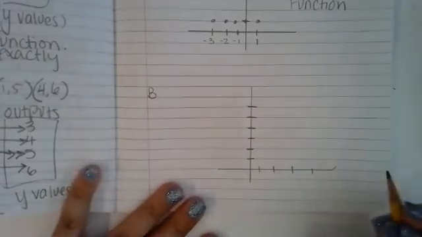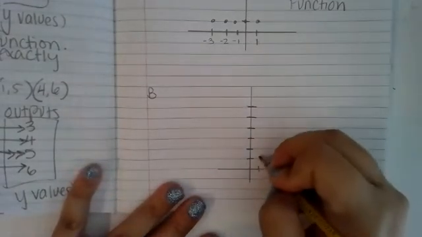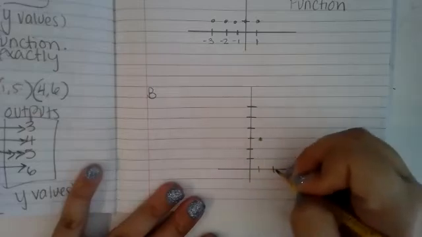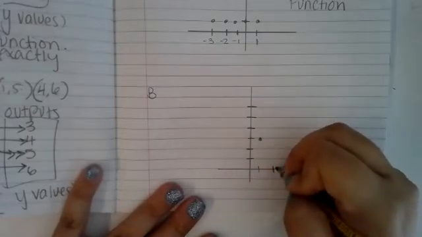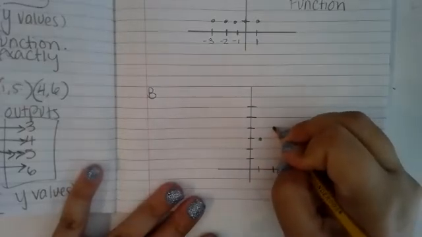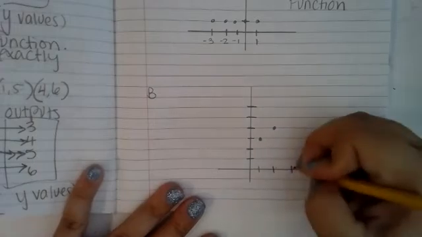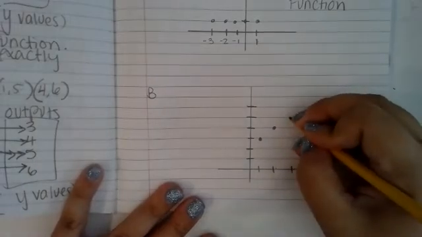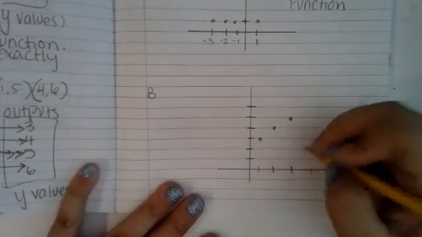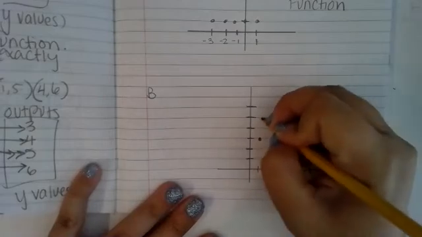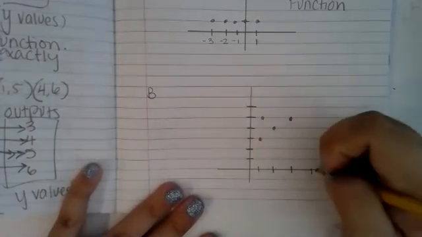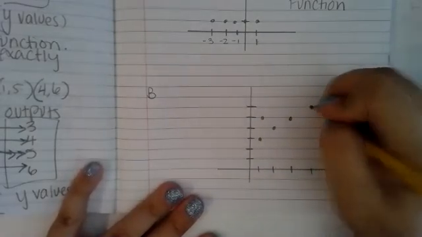So my first one is at 1, 3. So 1, 1, 2, 3. My next one is at 2, 4. So 2, 4. Then I have 3, 5. And then I have 1, 5. And then I have 4, 6.